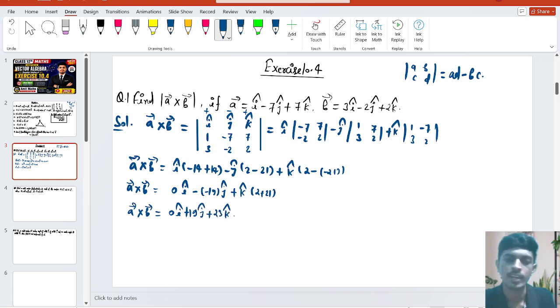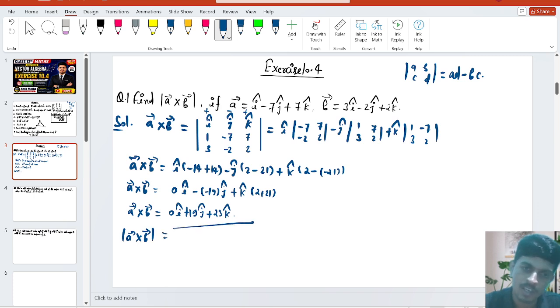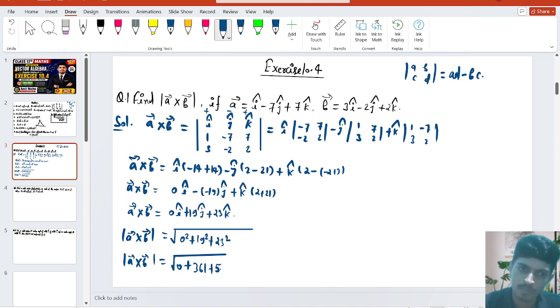Okay, so simplified, you get modulus of vector A cross B. This is simply the components of i cap, j cap, k cap, each squared and summed. This is 0 squared plus 19 squared plus 23 squared. So this is 0, 19 squared is 361, and 23 squared is 529.